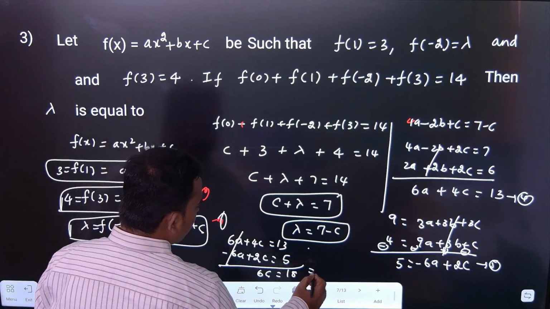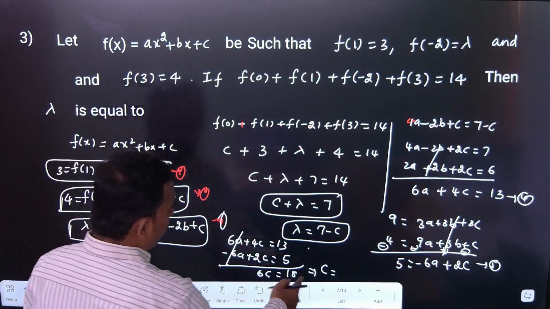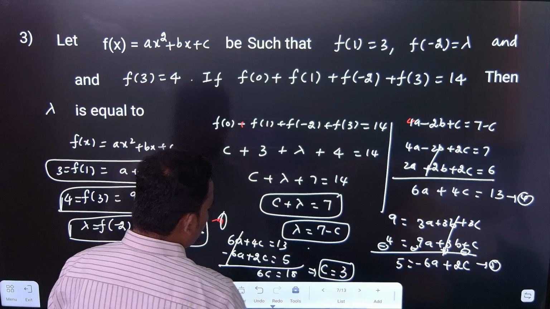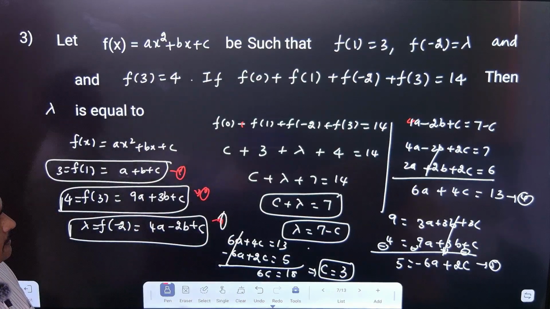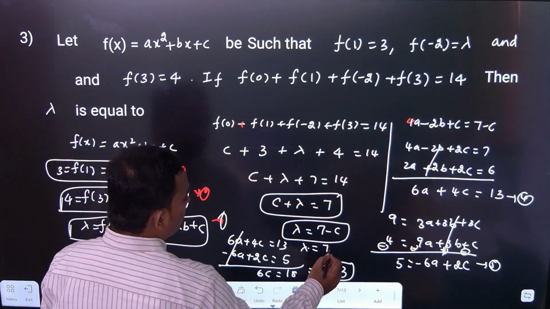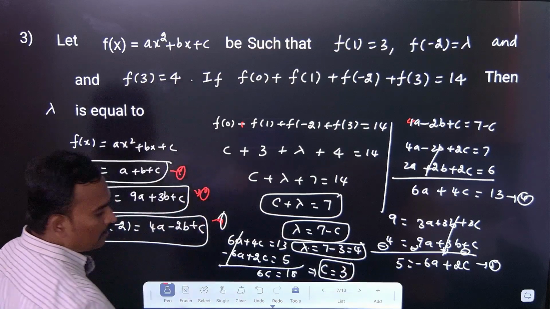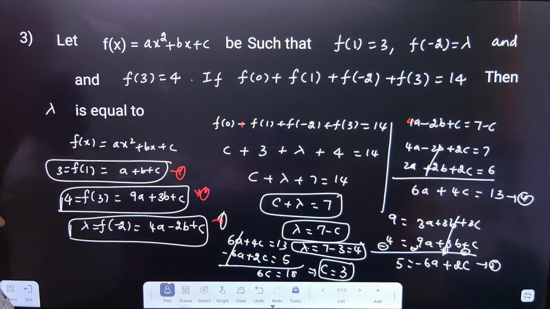So c is equal to, understand, c is equal to what? 3, right? Yes, we got the c value. If you got the c value, it means you can find lambda. Lambda is equal to 7 minus 3, it is 4, that is your answer. Clear? Okay.